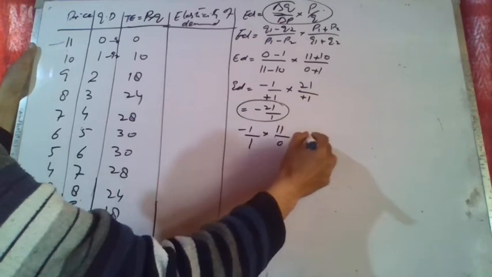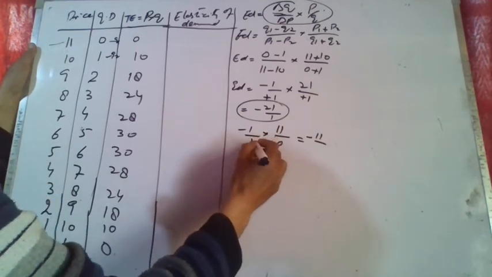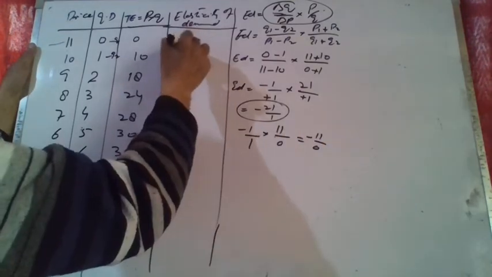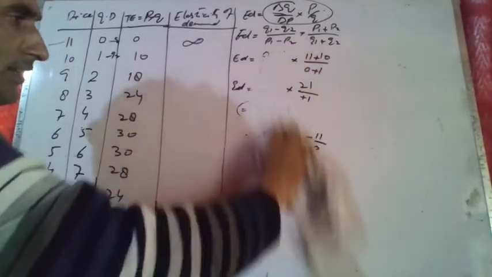This is minus 11 divided by 0, which is infinity. So from this formula we get minus 21, or very high, which means infinity.